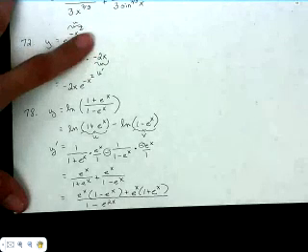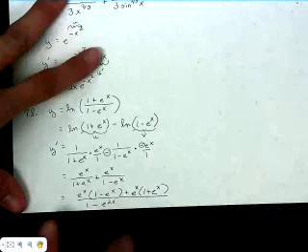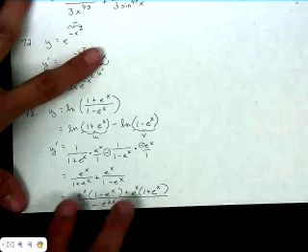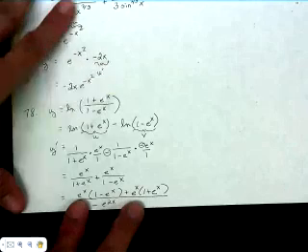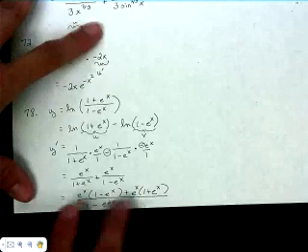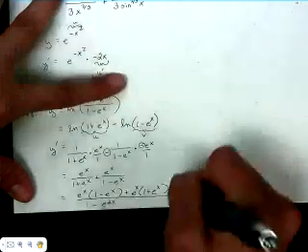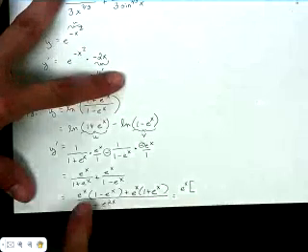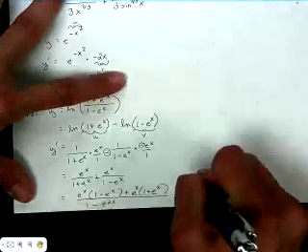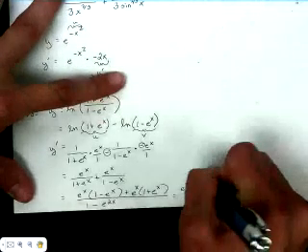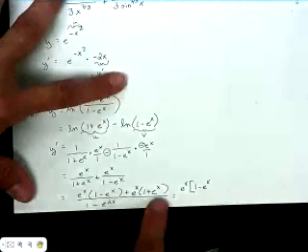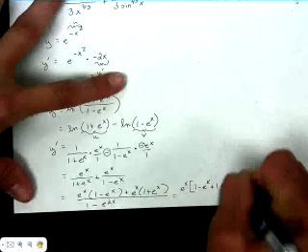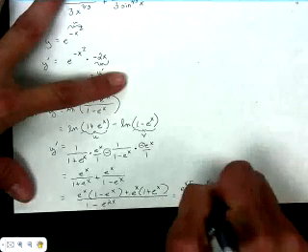Then you could either distribute the e to the x, or you could factor out the e to the x. The easiest way for me to think about it is factoring out the e to the x in the numerator. And what that will leave in the numerator is the 1 minus e to the x plus the 1 plus e to the x. Look how neatly that simplifies.